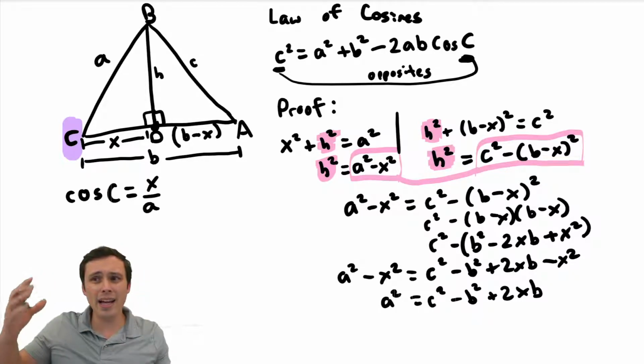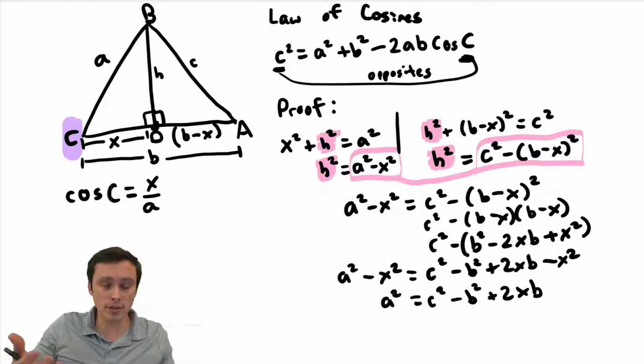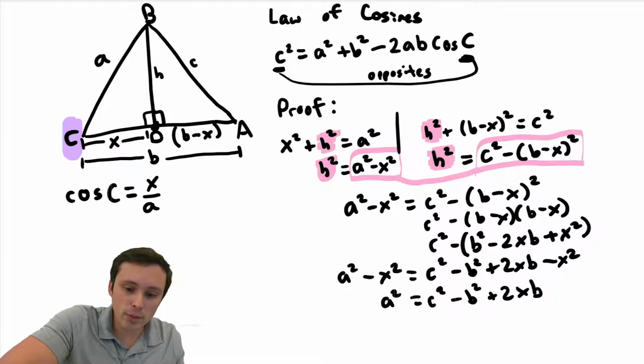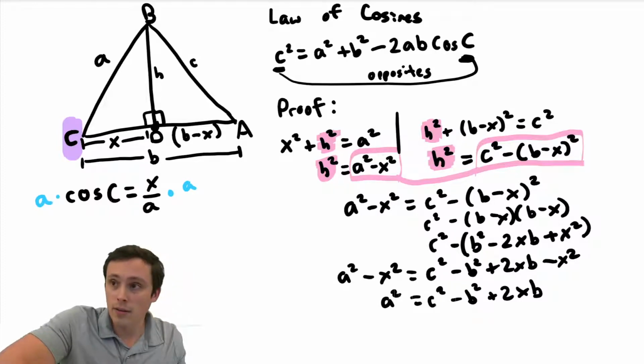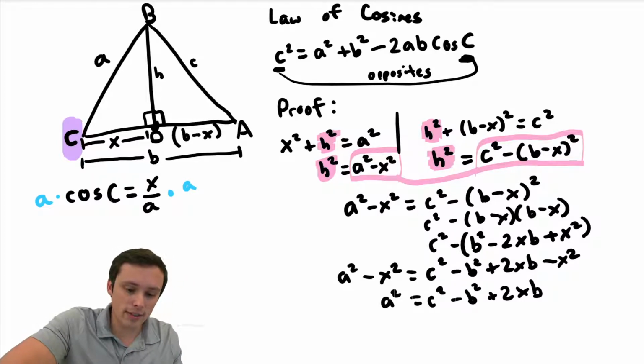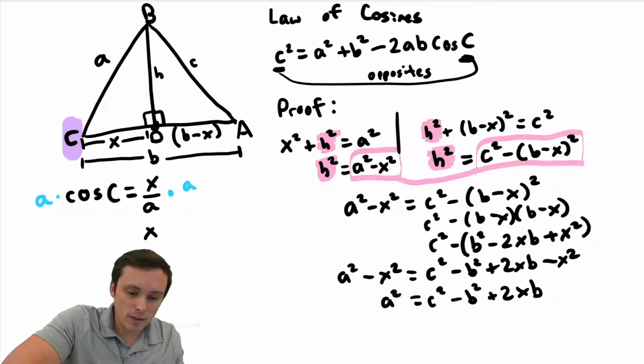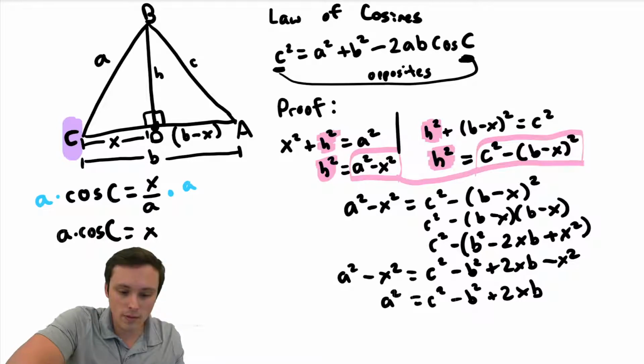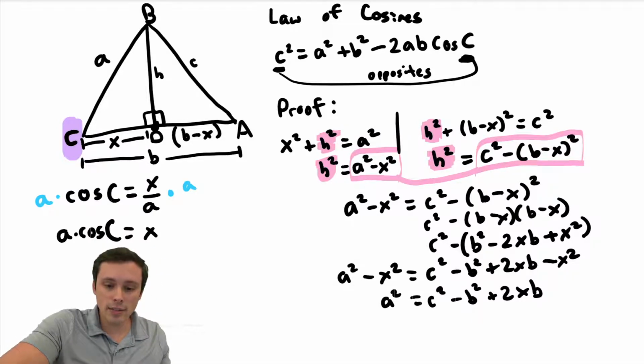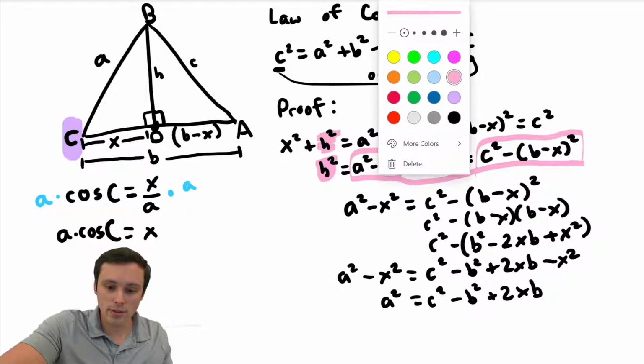Let's figure out how x equals something related to cosine C. To do that, you would multiply both sides of this by a, right? And that's now going to leave us with x being equal to a times cosine C. Okay, so x is now equal to a times cosine C.